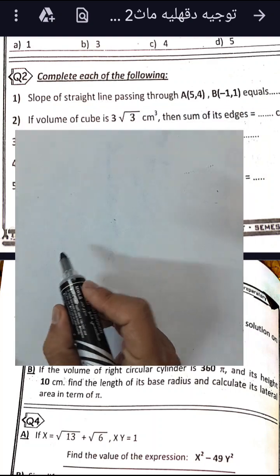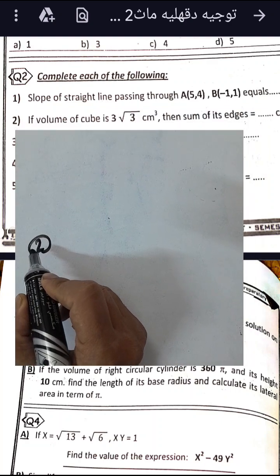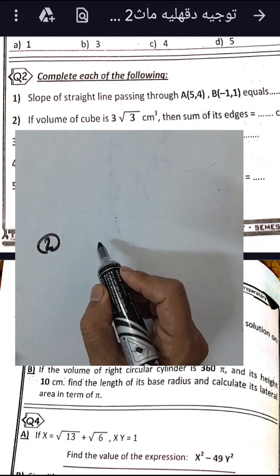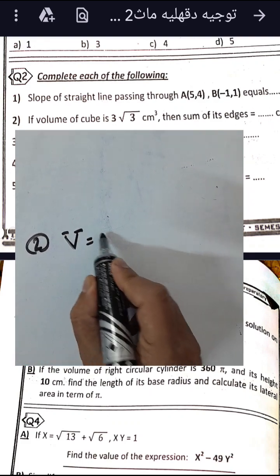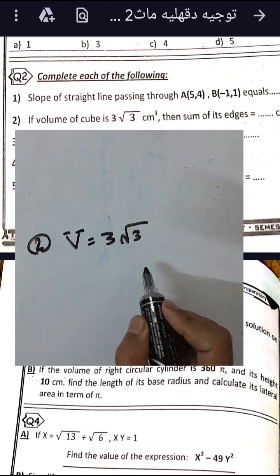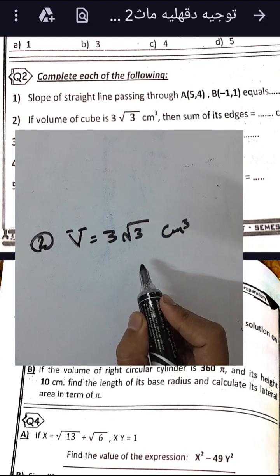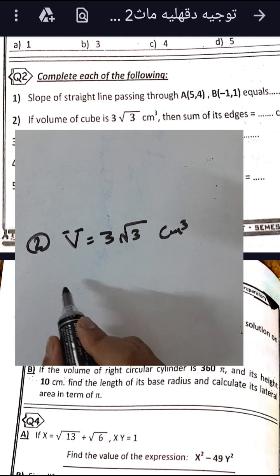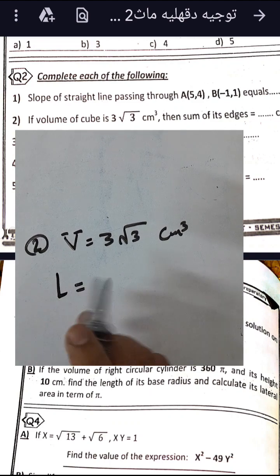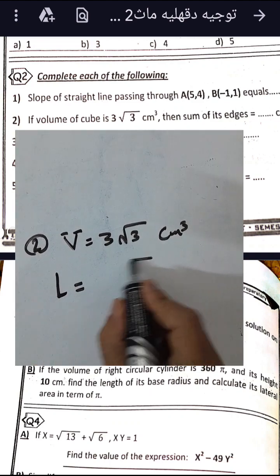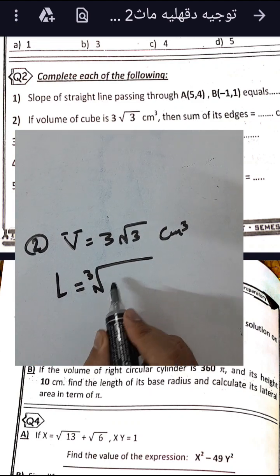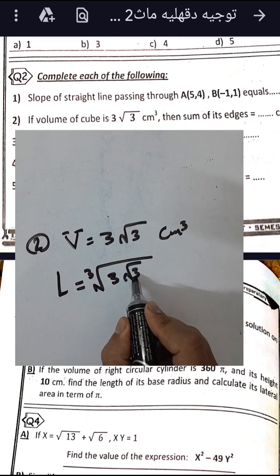Question number 2. The volume of a cube is 3 root 3 cubic centimeters, and the sum of its edges is what? We can find the length of the cube by writing the cubic root of 3 root 3.